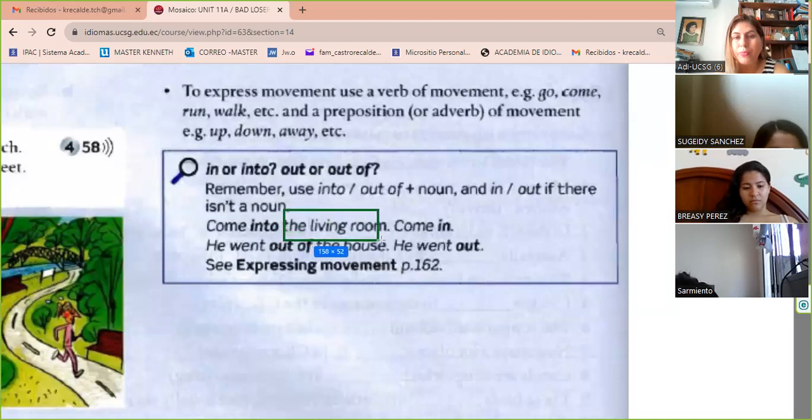The living room is the noun. That's why we use into, not in. But here it says come in. There is no noun. That's why we use in, not into. In the second one, he went out of the house. The house is the noun. That's why we use out of. But we say he went out, not he went out of.